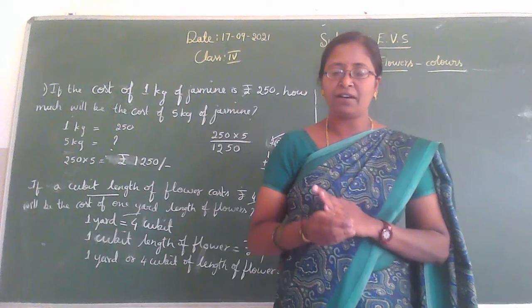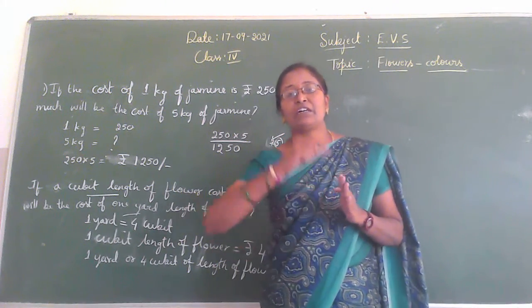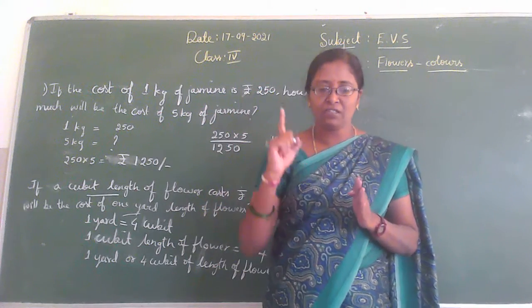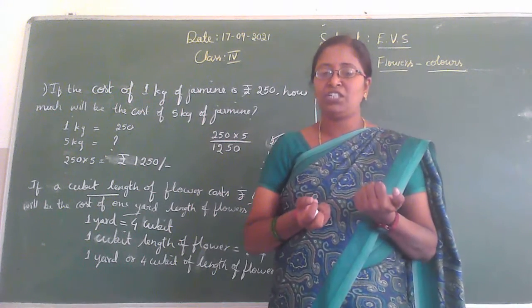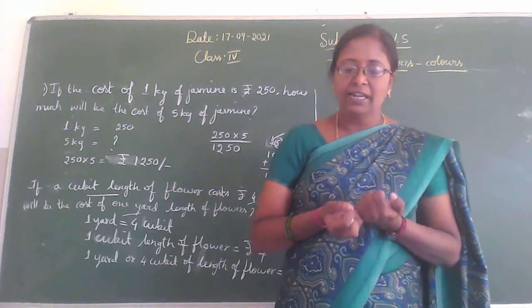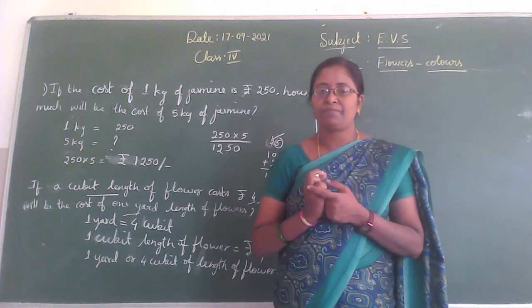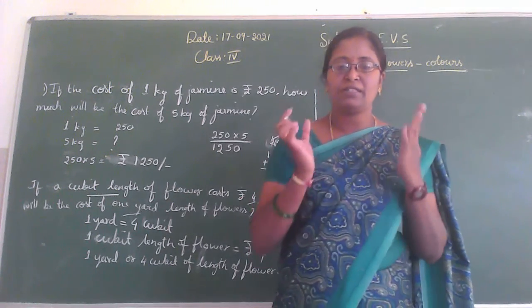The flower of the Rafflesia plant is the largest flower. Its circumference is 1 meter. Its weight is 7 kg. Okay, but its seed is as small as a poppy seed. Then the flower has a very bad smell.